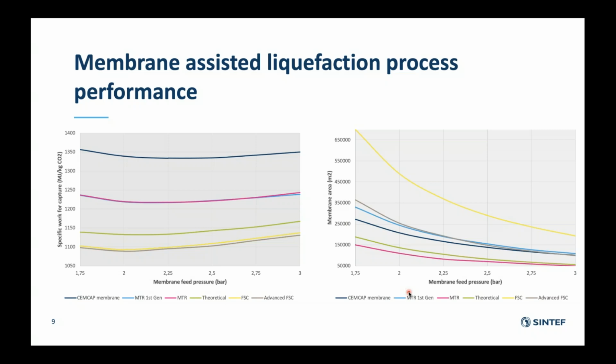So these two would seem to indicate that you need to go for a high selectivity membrane. However, the membrane area significantly increases if you go for a higher selectivity membrane. So there is a trade-off to be made, and this can only be done by doing a complete techno-economic analysis, which we will do later as part of another project.